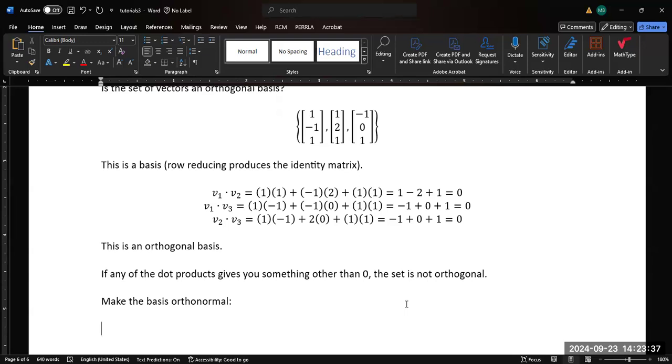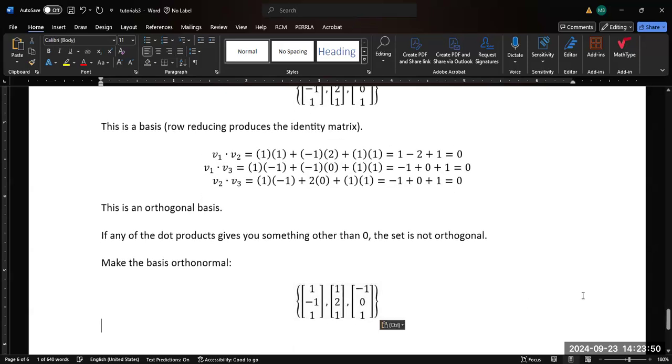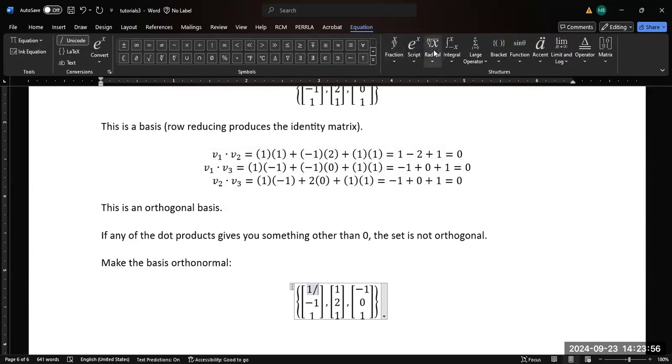Now, the length of the first vector, if we use our magnitude formula, is the square root of 3. So our orthonormal basis will require this first vector to be divided everywhere by the square root of 3.